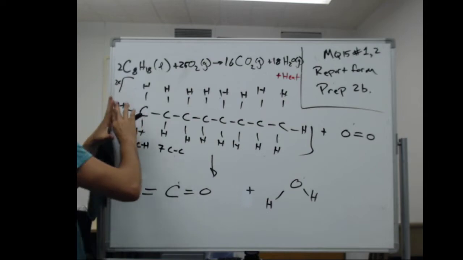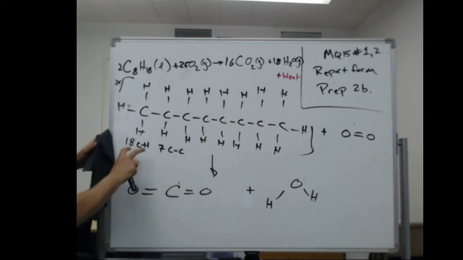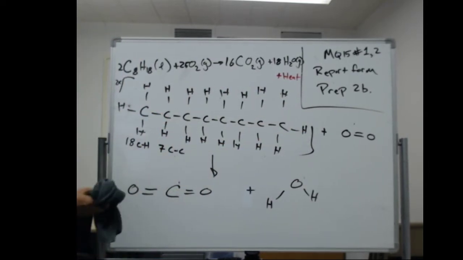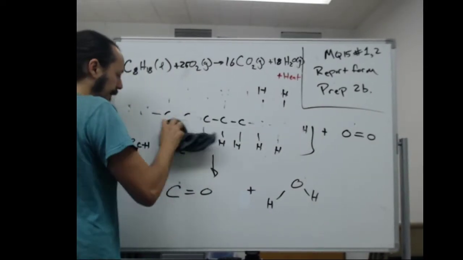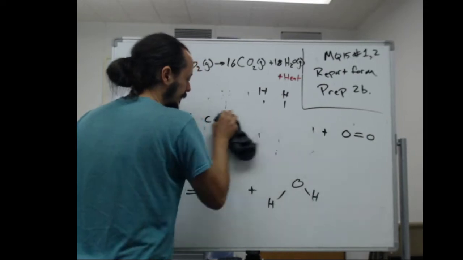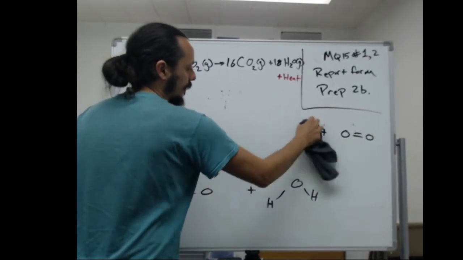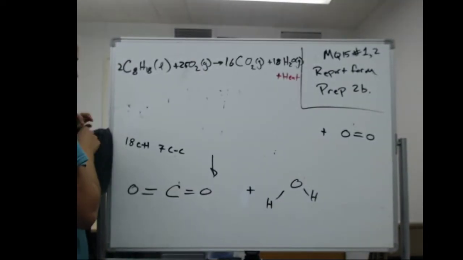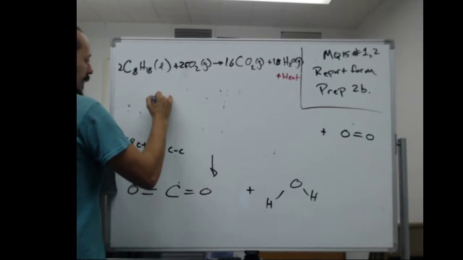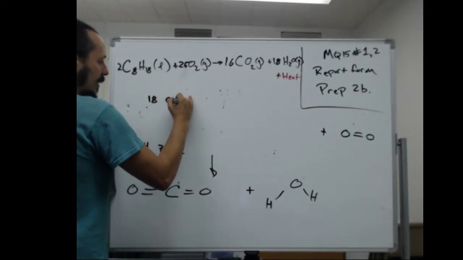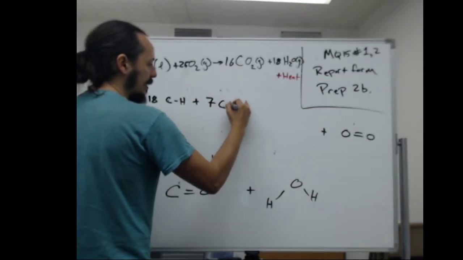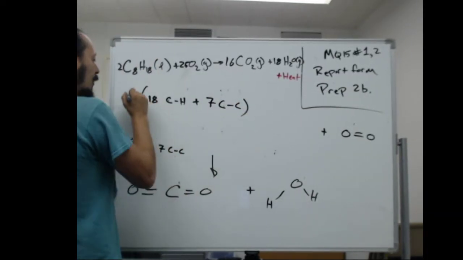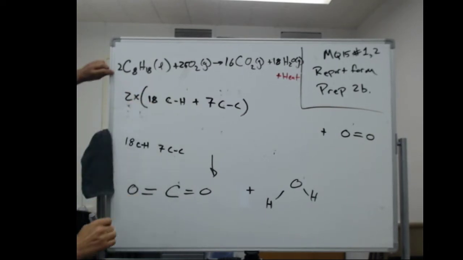Just to save some space, I'm going to now erase this molecule and just say that it's made out of these different bonds that we're breaking. 18 carbon-hydrogen bonds plus 7 carbon-carbon bonds. And we're going to be doing that twice because we've got that balancing coefficient up front.